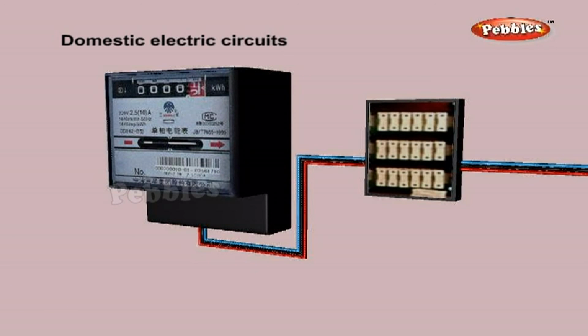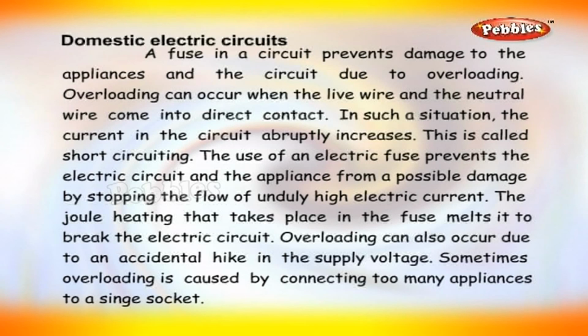Electric fuse is an important component of all domestic circuits. A fuse in a circuit prevents damage to the appliances and the circuit due to overloading. Overloading can occur when the live wire and the neutral wire come into direct contact. In such a situation, the current in the circuit abruptly increases. This is called short-circuiting.